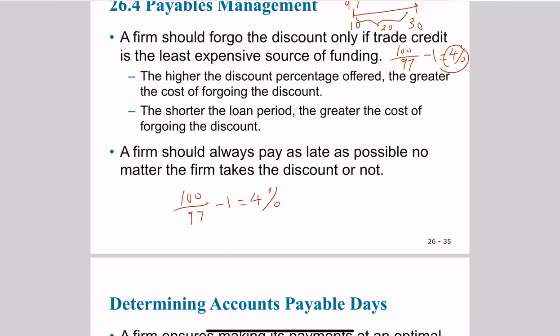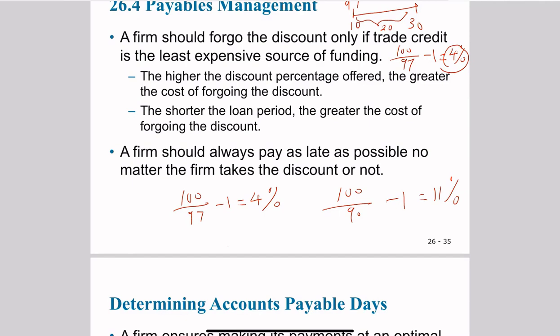Now let's say the discount is 10%. In this case, you can see that the implied interest rate over the 20-day period would be about 11%. So this pretty much says that by foregoing this discount, you're essentially paying this 11% interest rate.